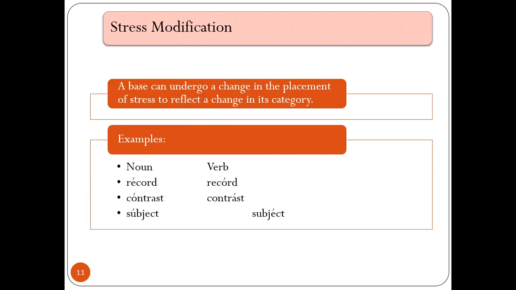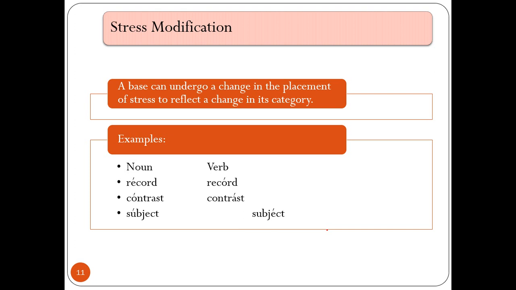And then we have stress modification. A base can undergo a change in the placement of stress to reflect a change in its grammatical category. For example, we have record and record, contrast and contrast, subject and subject. You can see here that both of these forms are different.